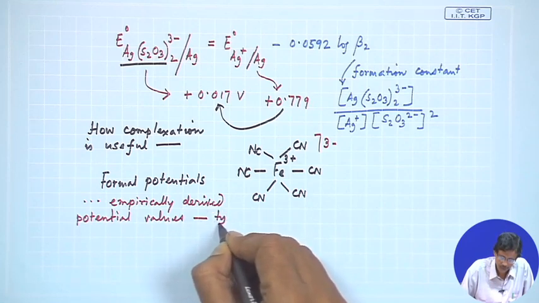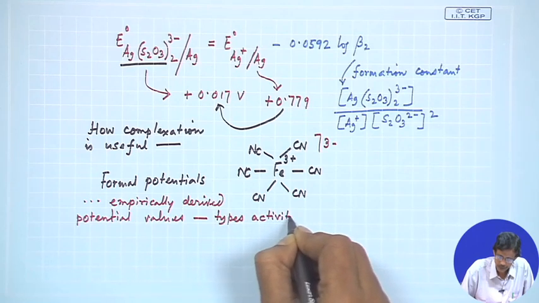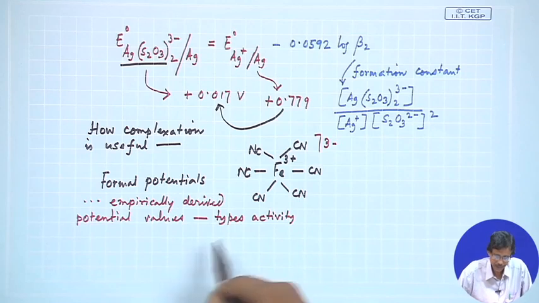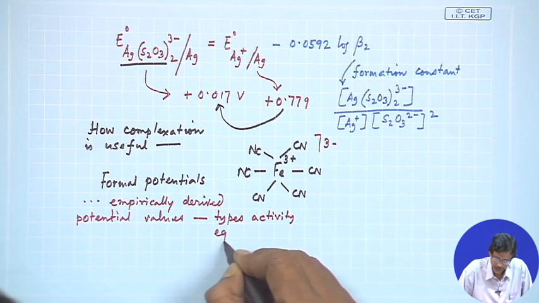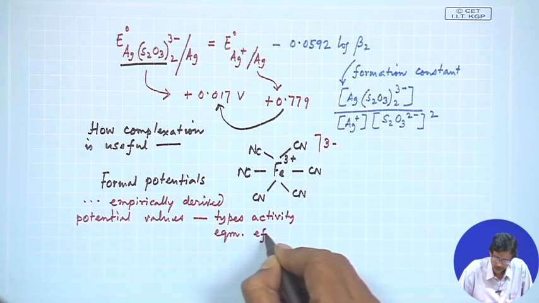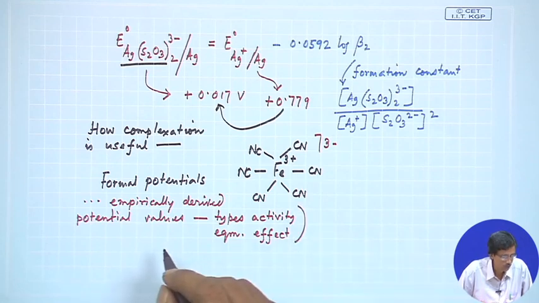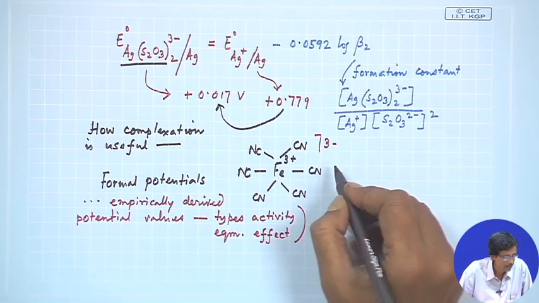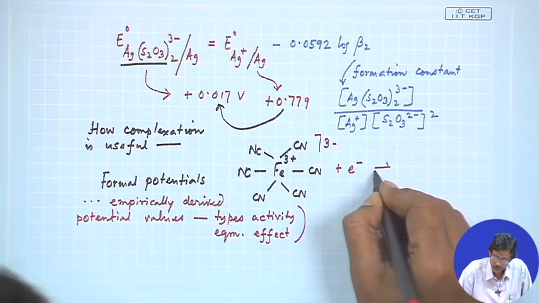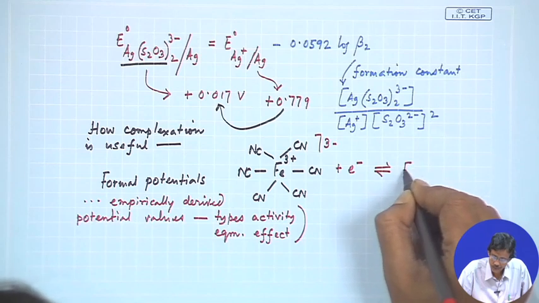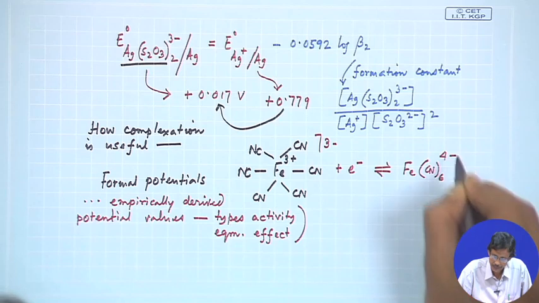So, the activity in the reaction medium, where we are adding cyanide ion, and the equilibrium effect: if we consider these two things together, we get the corresponding reduction, a one electron transfer, giving rise to the ferrocyanide ion, which is Fe(CN)6 4 minus.